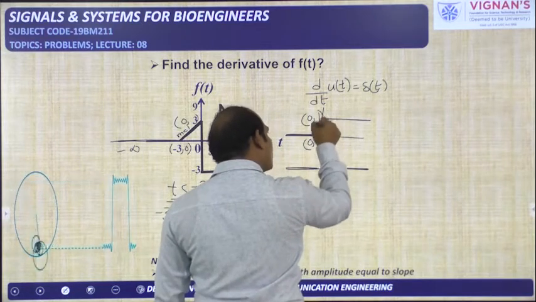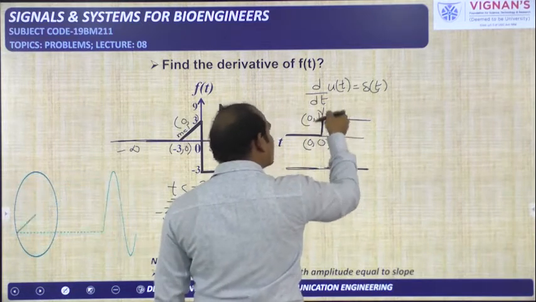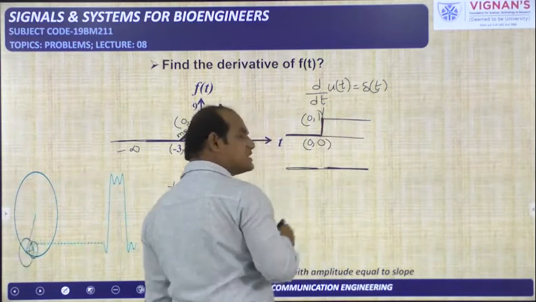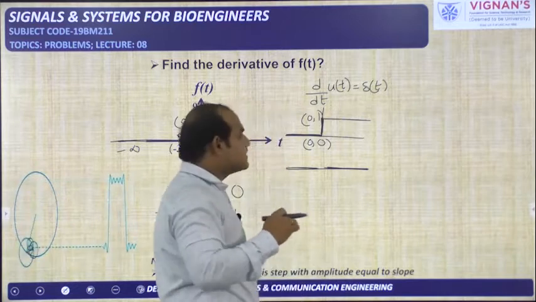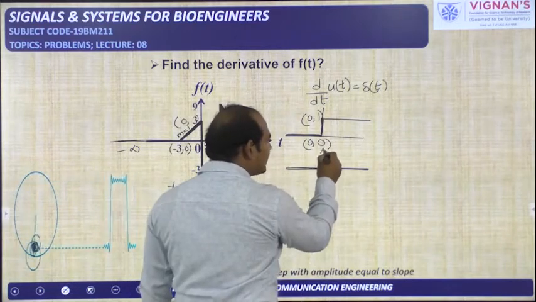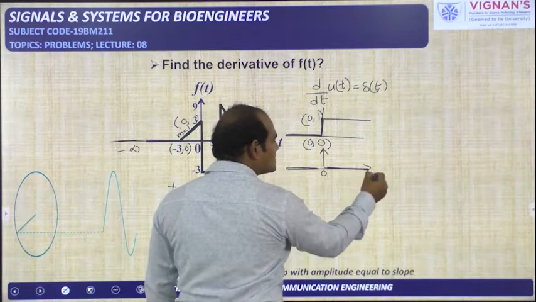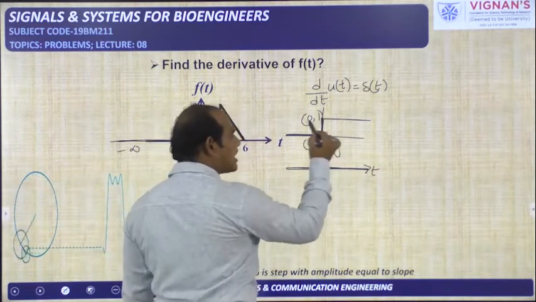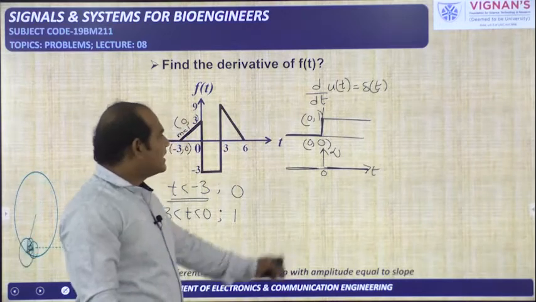If you take the slope of this, derivative means slope only. So calculate that: 1 minus 0 by 0 minus 0, that is 1 by 0, that is infinity. That means we get an impulse signal at t equal to 0, with infinity amplitude.